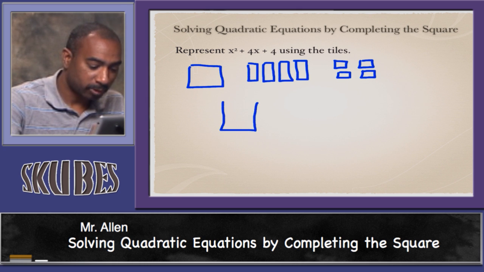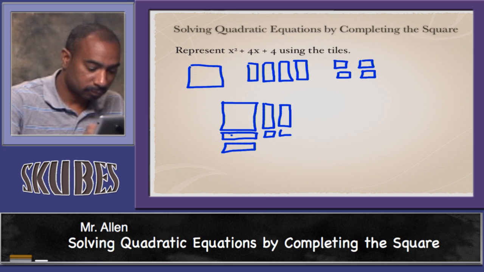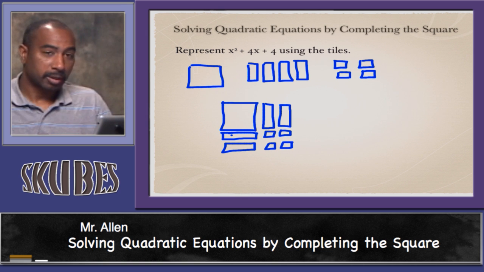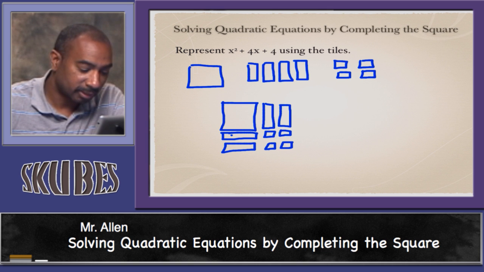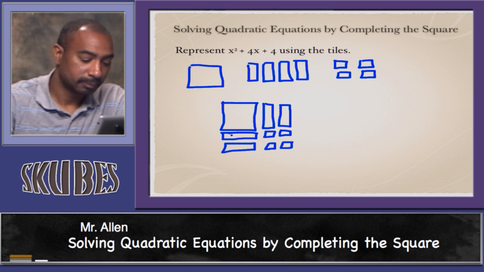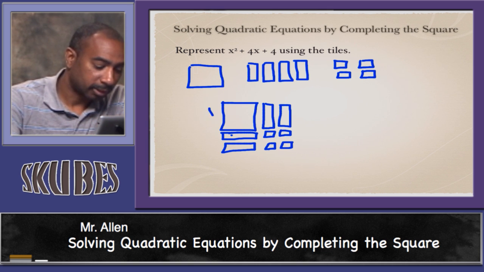If I were to, I can make a square out of this. So I can represent this as a geometric square by using the algebra tiles. This is like x plus 2 by x plus 2.